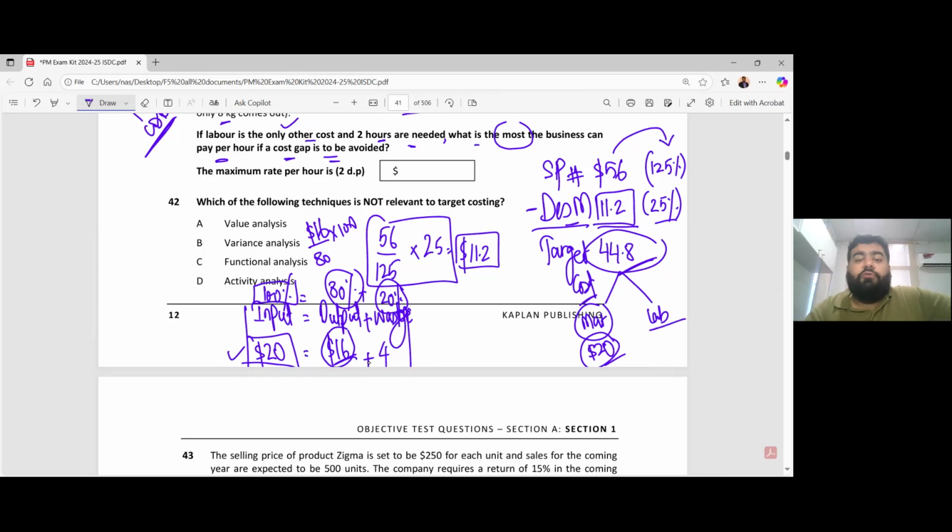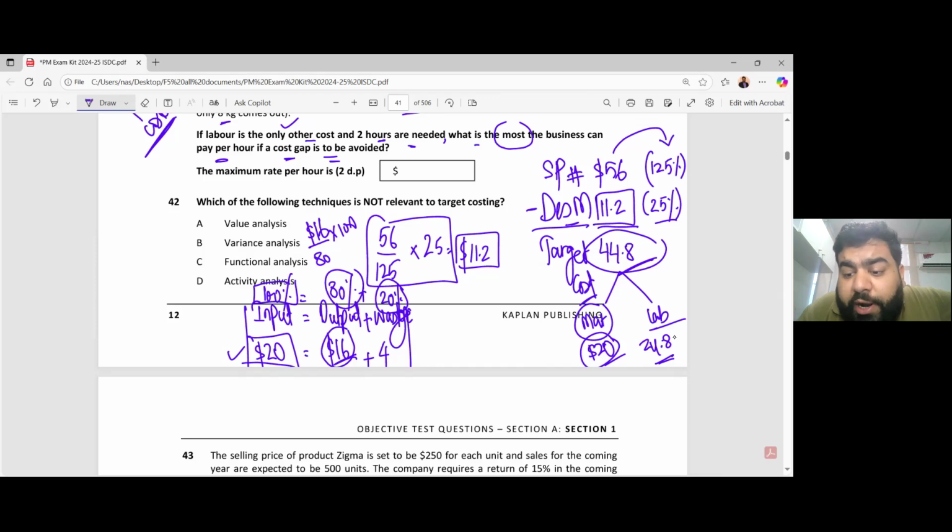Remaining is labor cost. So for labor, what can we afford? 24.8. We must incur labor cost of maximum 24.8 because we want to be in the target, and the target is 44.8. Just take the material cost out of that. It's okay, $20 at the side. Now focus on labor. Labor is 24.8. We can only pay labor 24.8, and if we are successful in it, we'll reach the target cost and easily sell at, say, 56.